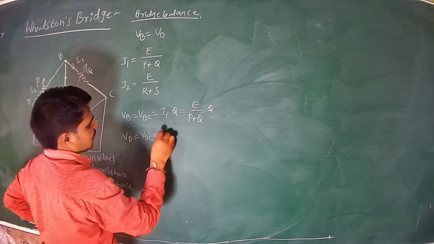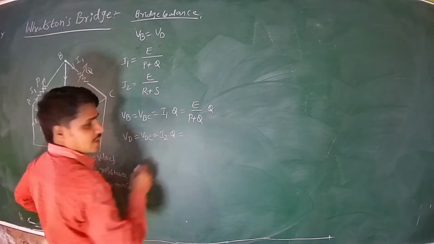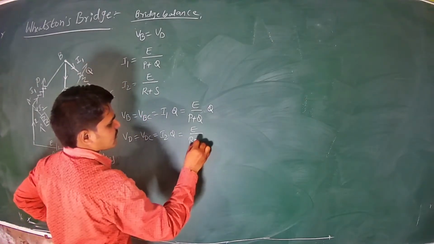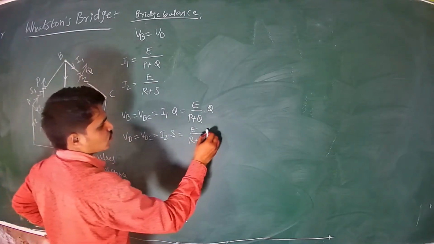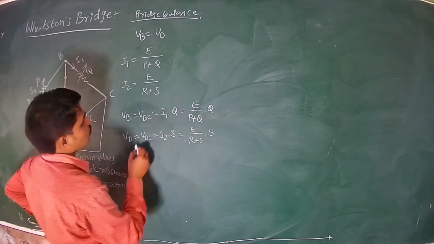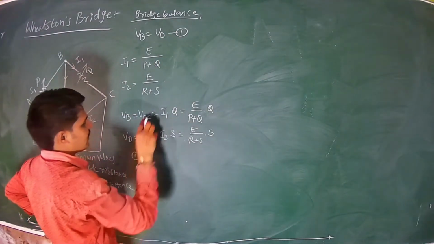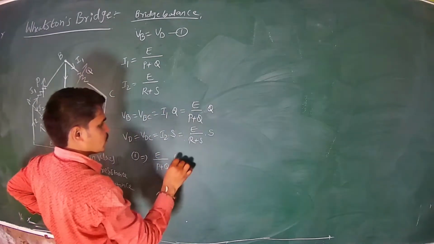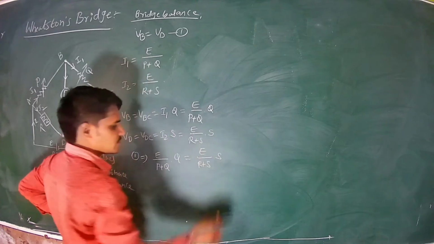So VDC equals I2 into S. Substituting I2 here, E by R plus S into S. Sorry, it is S, not Q, because the voltage across the resistor, according to Ohm's law, is the current flowing through the resistor into its resistance. Now equate these two equations: E by P plus Q into Q equals E by R plus S into S.